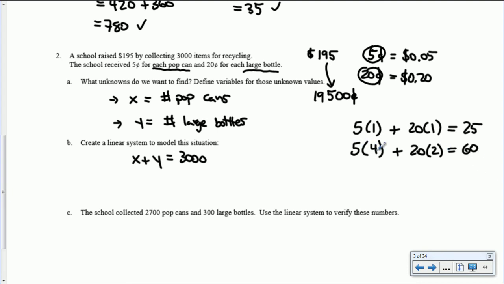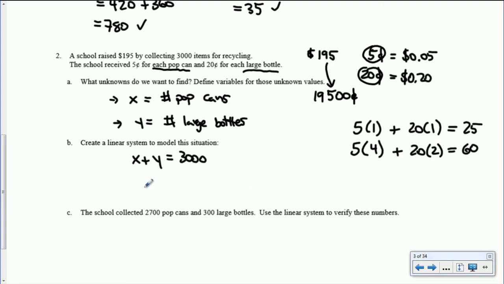We're multiplying the number of pop cans by 5, and we're multiplying the number of large bottles by 20, and when we combine those, it gives us the total price. So the number of pop cans is given here, and the number of large bottles is here. So this would be your x, and that's your y.